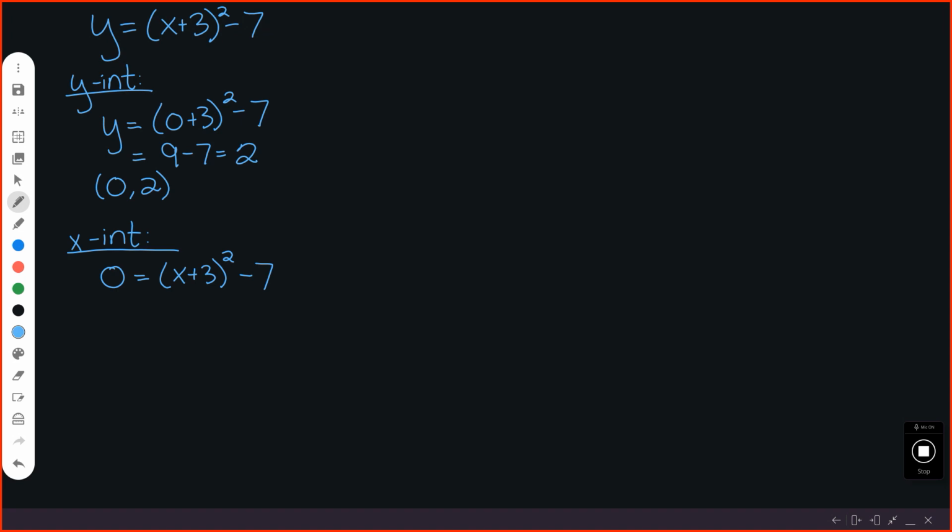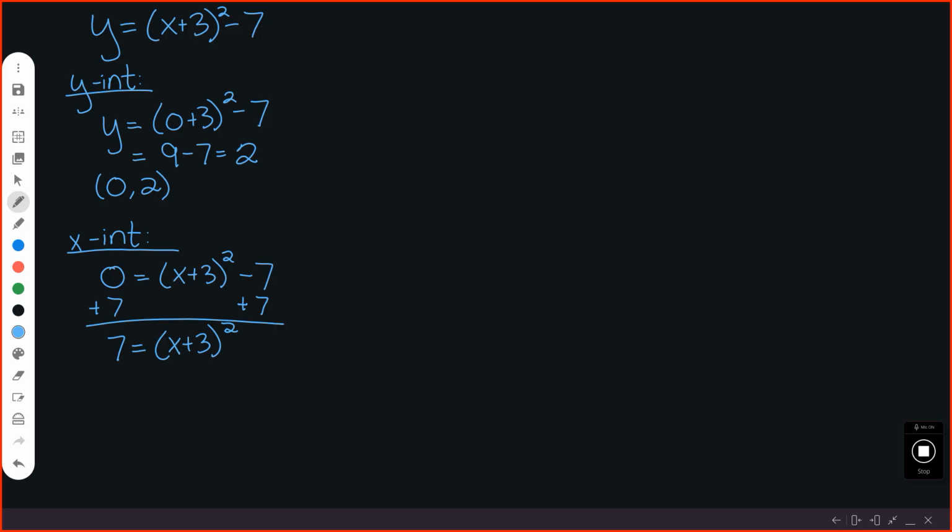One of them is here I can just add 7 to both sides, and I'm going to get 7 equals the quantity (x plus 3) squared. What makes quadratic expressions tricky to solve is that they have x's and x squareds in them. But right now, this only has a quantity squared.